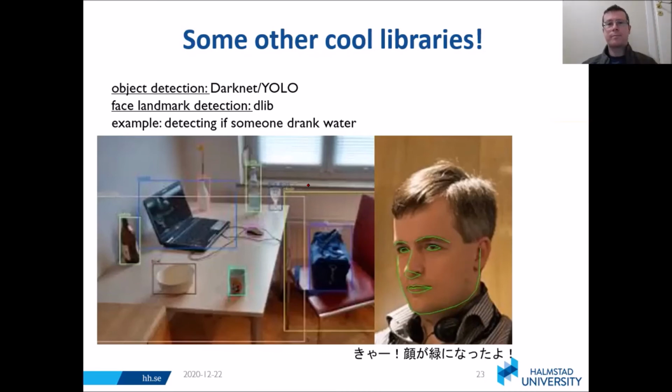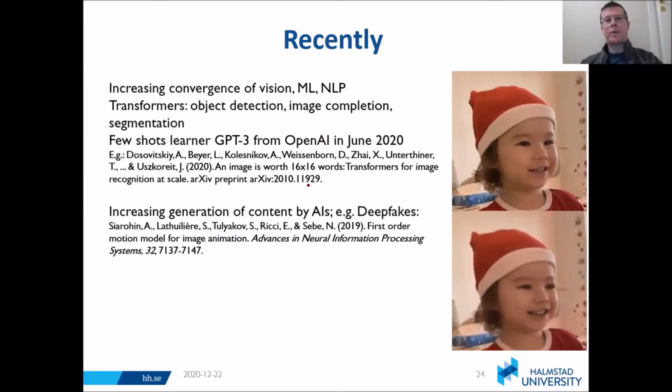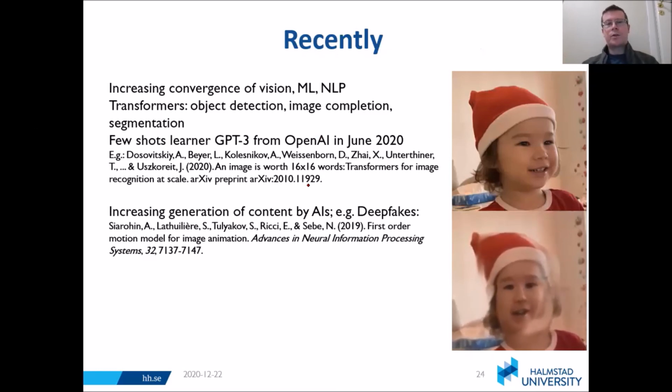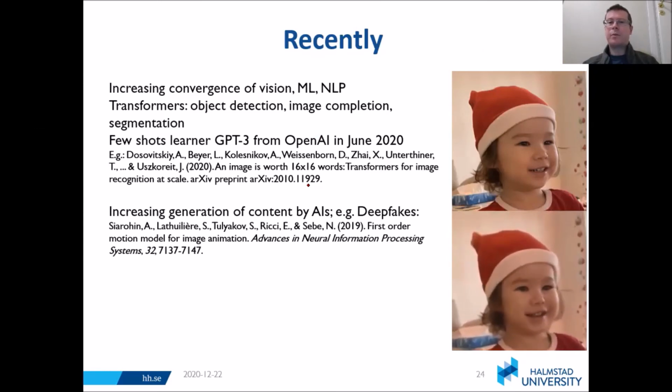Some recent advances in computer vision: there's an increasing convergence of different fields like natural language processing and vision. Transformers are a big topic, which are being used for object detection, image completion, and segmentation now. Few-shot learners are really interesting, like GPT-3 from OpenAI, which was released this summer.